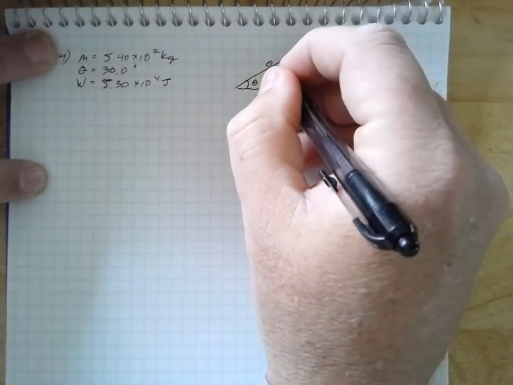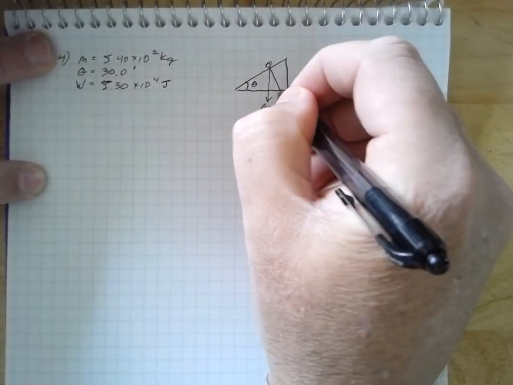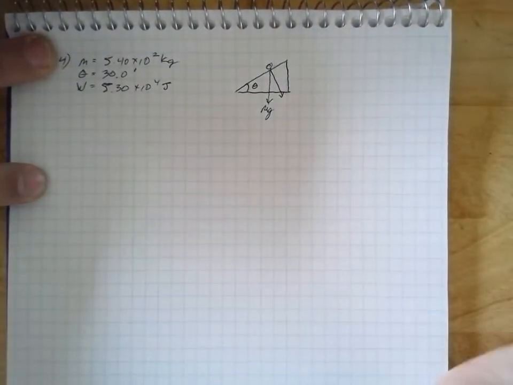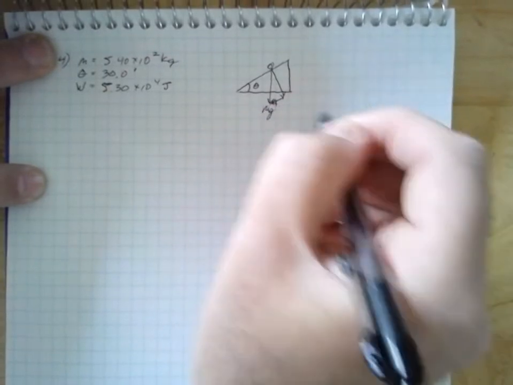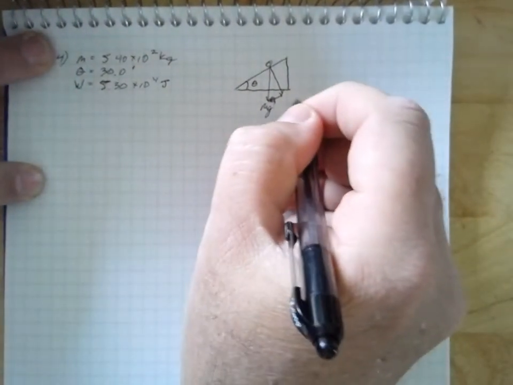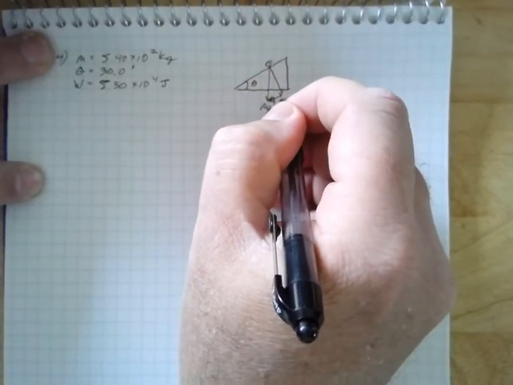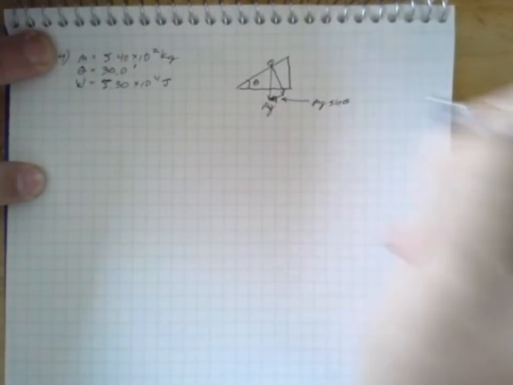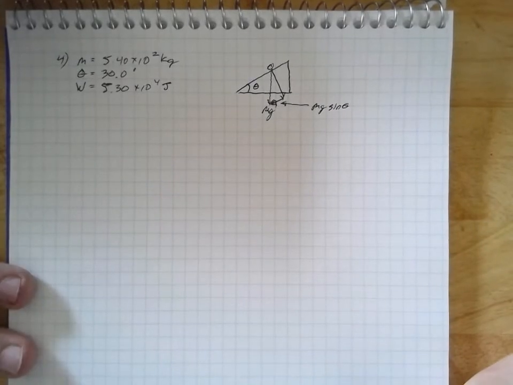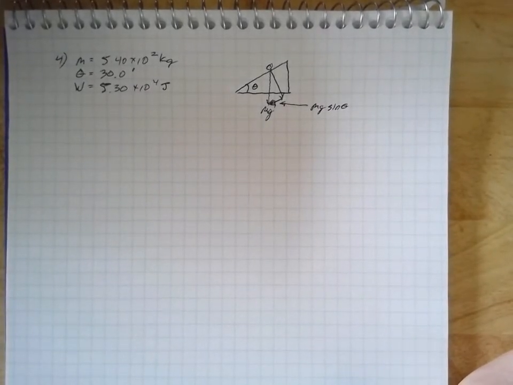We have a normal. The normal comes down this direction here. We're not going to be concerned with the normal too much because we're going to be concerned with this piece right here that goes down the ramp. And this piece is going to be mg sine theta. Hopefully you guys remember that.